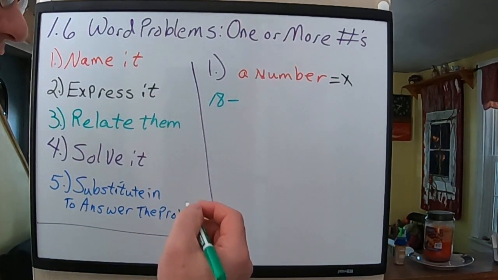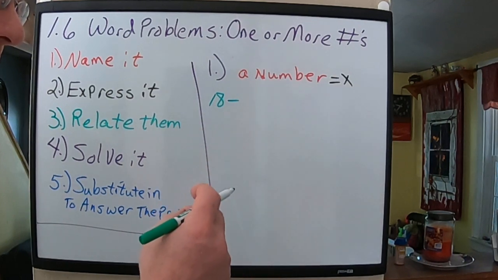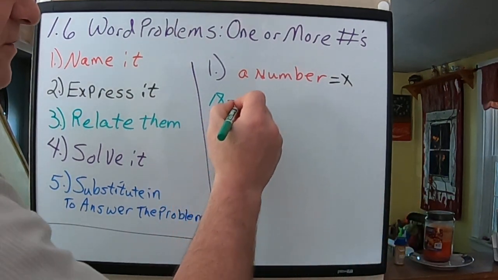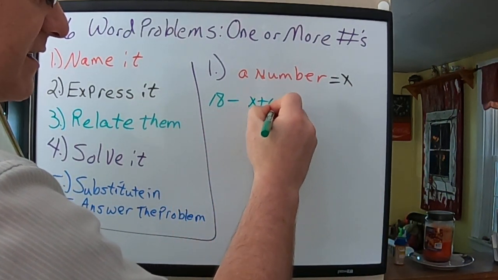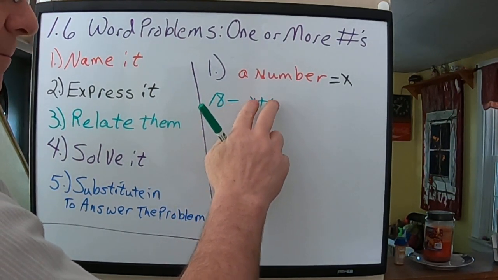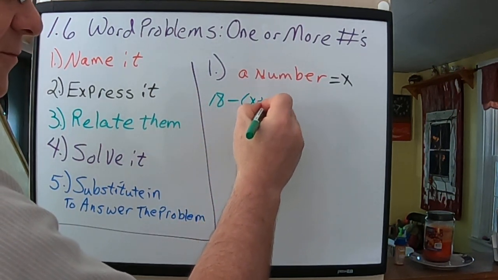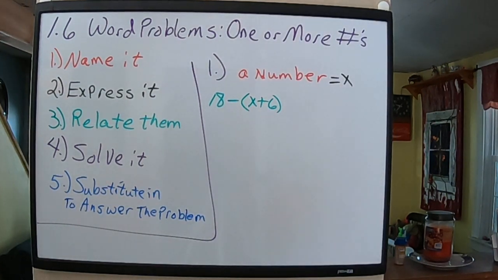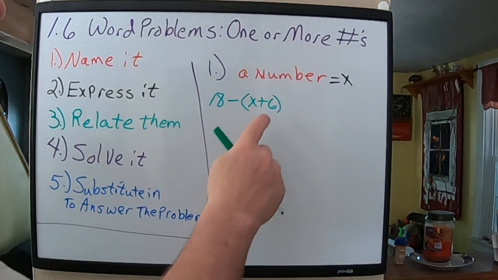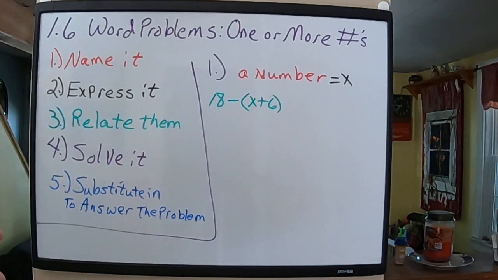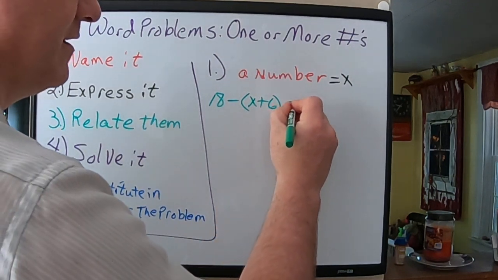Now, sum means to add a number, x, and 6. So we could say x plus 6. But if you're decreasing by that, you have to put it in parentheses, or you're only decreasing by x and then adding 6. So you have to decrease by x plus 6, the sum. The result is, those words, the result is, equals.